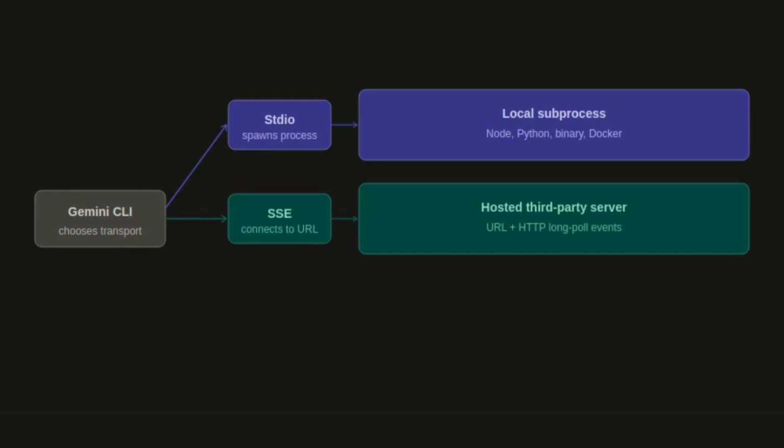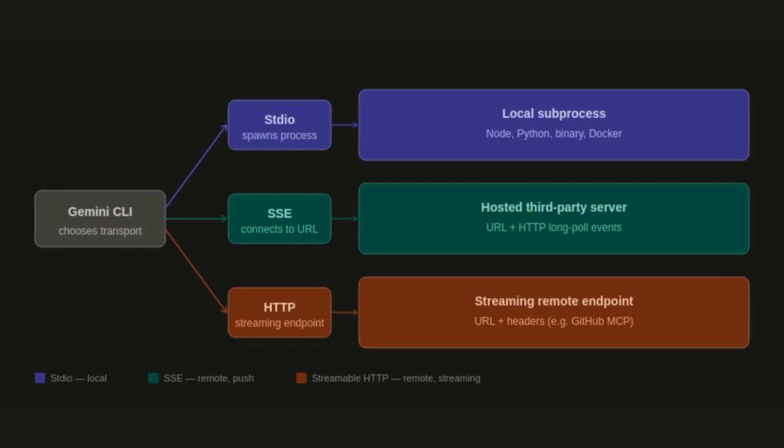This is for remote servers that push events over HTTP. You point Gemini at a URL and it connects. And the last one is Streamable HTTP. This is for remote servers using the newer streaming HTTP transport. Configuration is similar to SSE, a URL and optional headers. The official GitHub MCP server hosted endpoint uses this transport. For everyday use, you won't need to think about this much. Server documentation will tell you which transport to use and show you the config block.